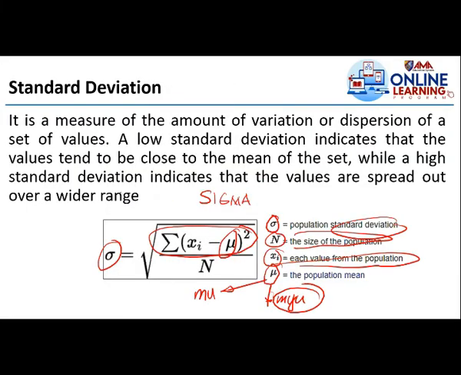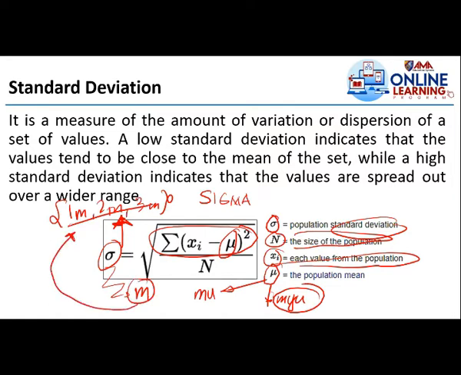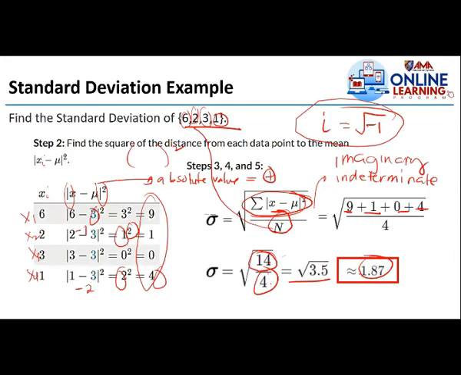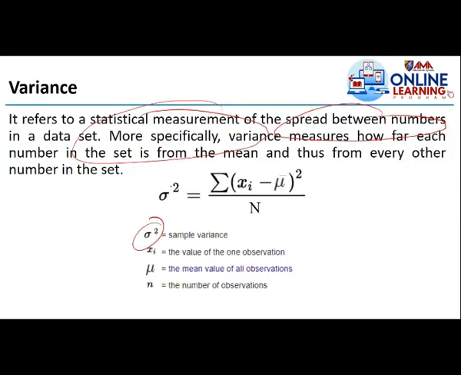Dito kasi, ang final result ng sigma is the same sa original value. So for example, yung data set mo, 1 meter, 2 meters, and 3 meters, may unit. Tama? If you get the standard deviation using this set of values, meters pa rin. Kumbaga, yung unit ng standard deviation is the same with the original values, while yung variance naman hindi.